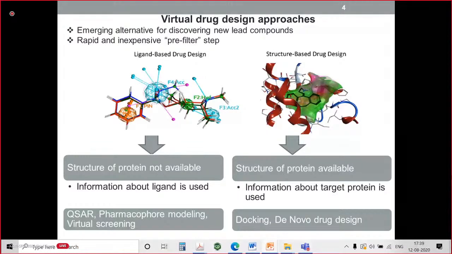When we have information or the structure of the protein, we can go through molecular docking study as one approach, and de novo drug design is another approach.